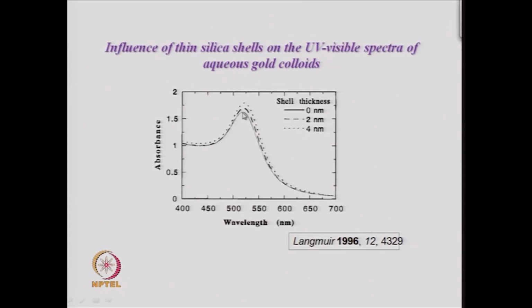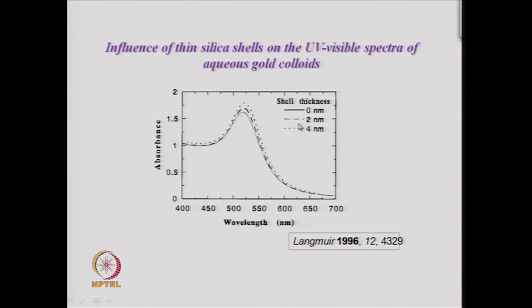The surface plasmon band comes around 520 nanometers approximately. Now, that has 0 shell thickness, so there is no silica on top of these gold particles.